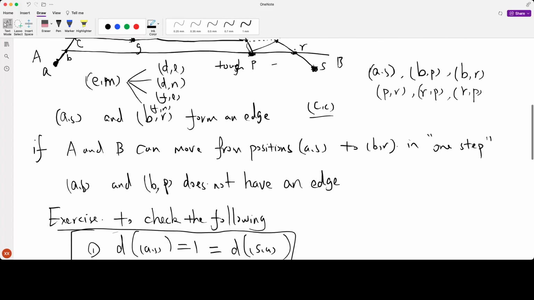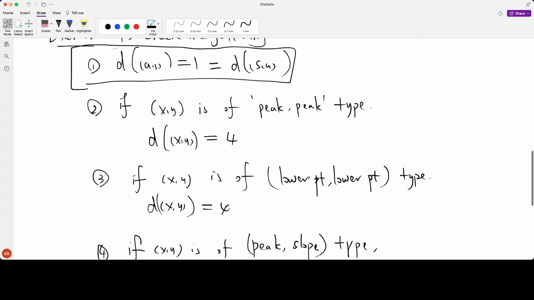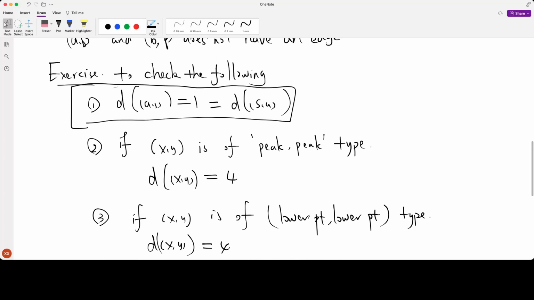After this list of degrees, different cases, different situations, you can see that only in case 1 you observe 2 vertices with degree 1.